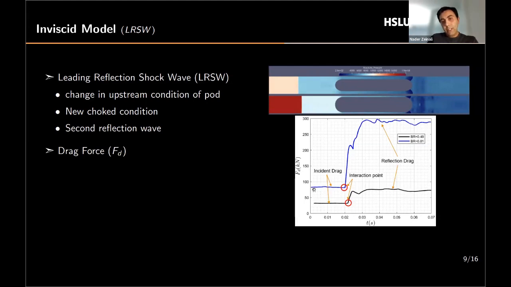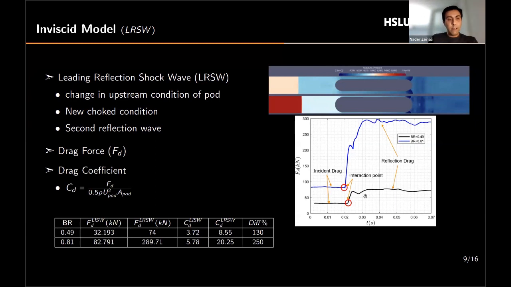You can see that previously the drag force was only because of the incident shock wave, which we call incident drag. At around 0.02 second, the shock wave hits the pod and the drag suddenly jumps to a higher value. And you can also see the effect of blockage ratio here, that the increase of drag force due to the reflection shock wave is more significant in comparison with the lower blockage ratio.